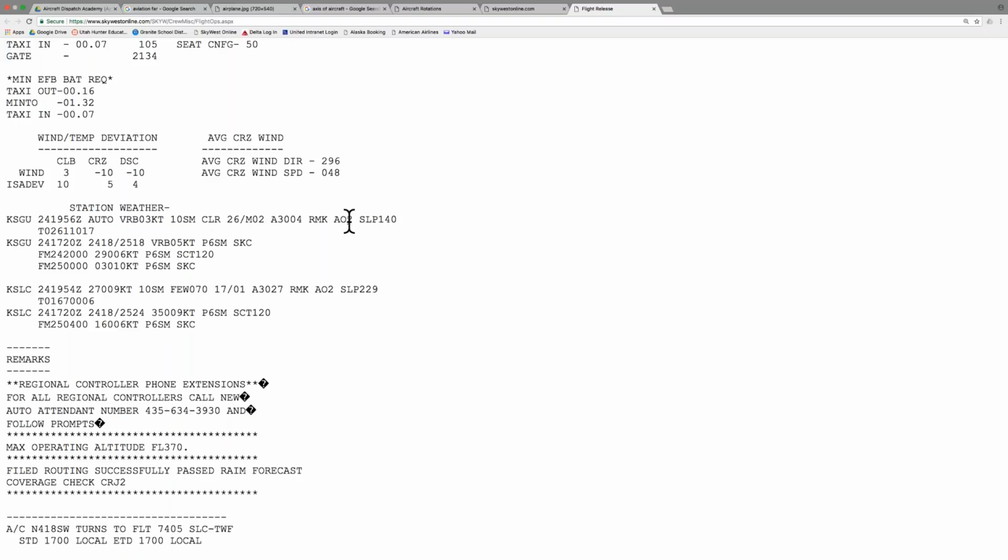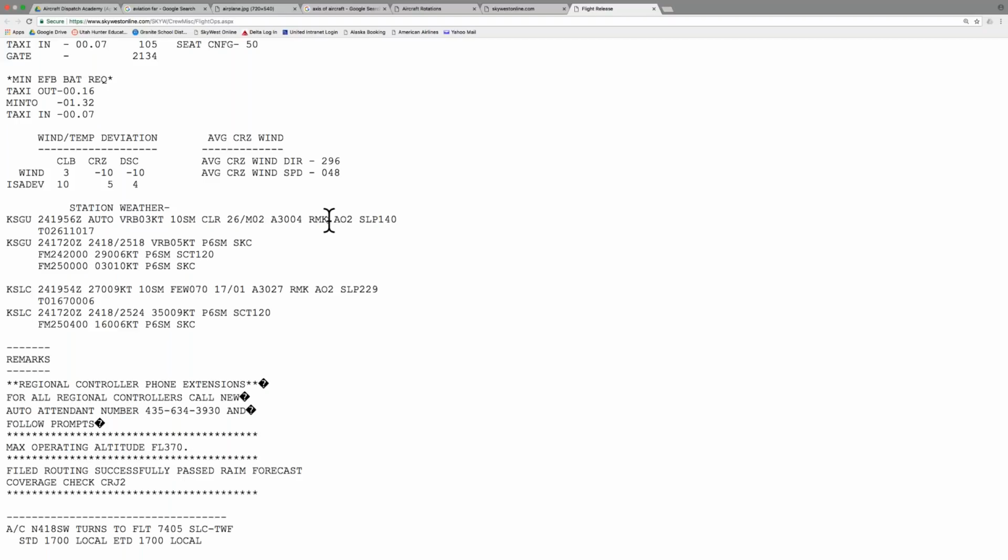So, how many dispatchers are there per flight? Is it just one person per flight or multiple? At SkyWest, there's one person per flight. That doesn't mean it's the only flight on our desk.